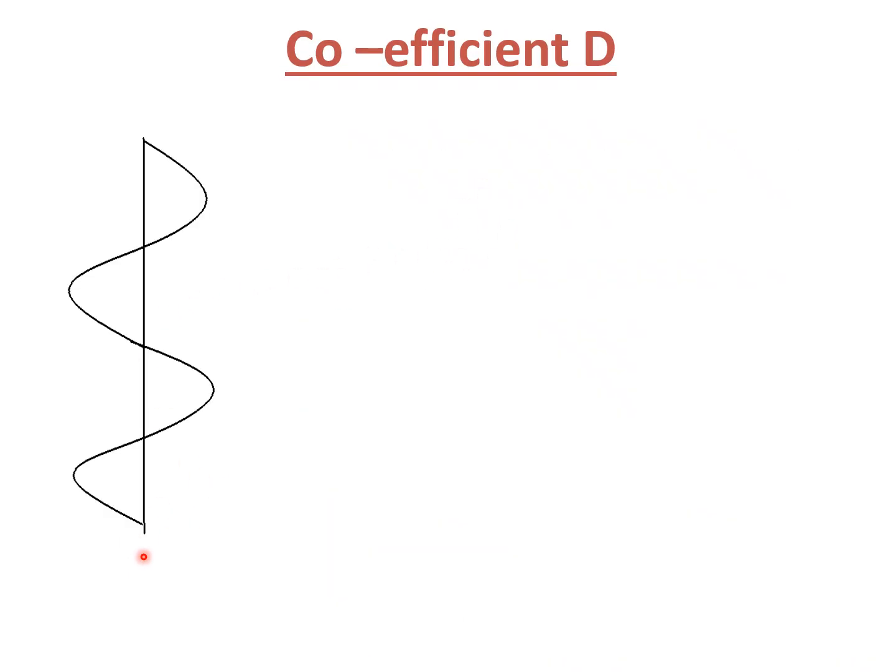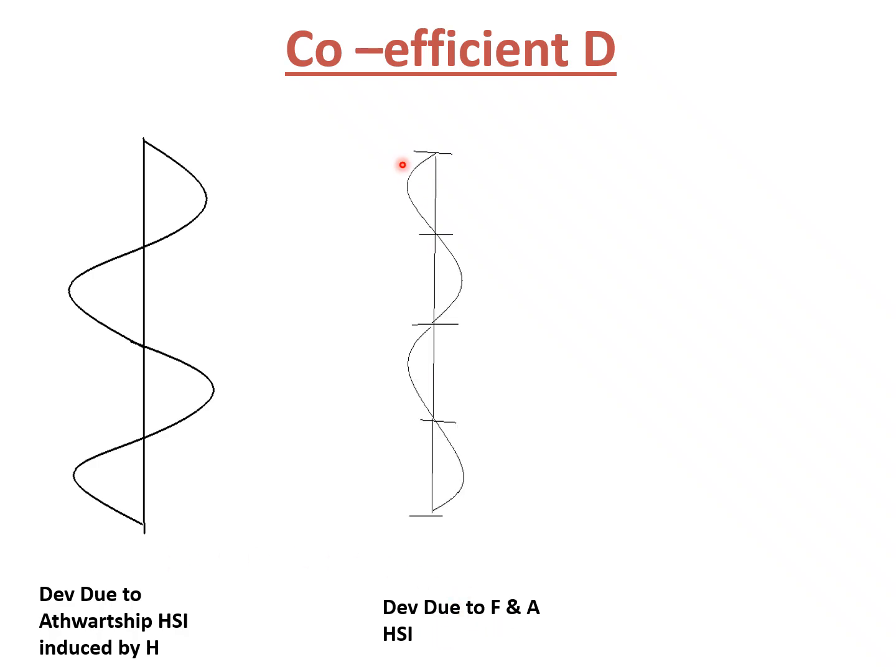Previously we have seen that for deviation due to athwart ship HSI induced by H, we get this type of sine theta curve, right? And deviation due to fore and aft HSI, we get this type of sine theta curve, right? But both curves are sine 2 theta curves. However, we'll see that because the athwart ship HSI is closer to the compass position, it will have a greater impact, right?